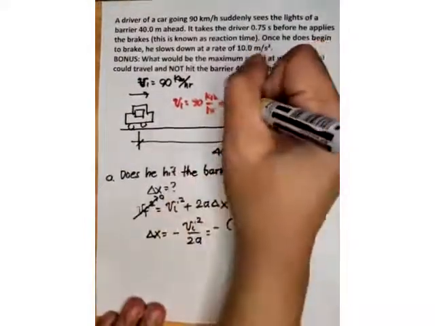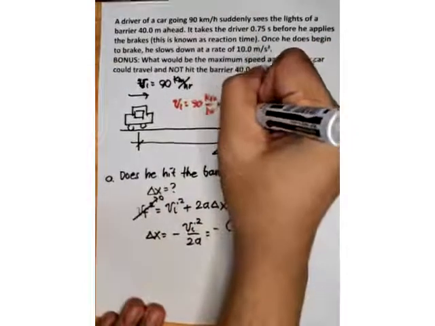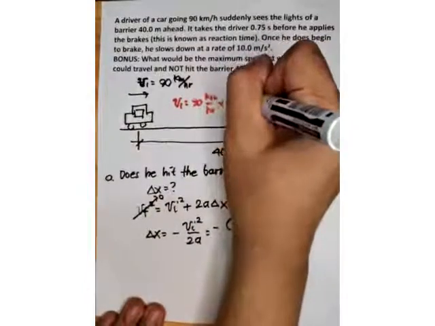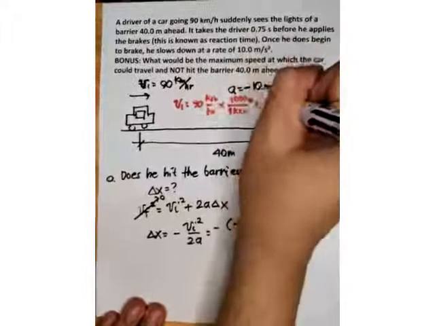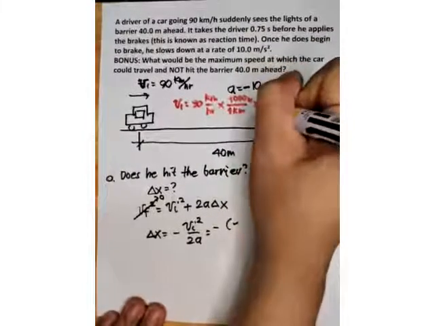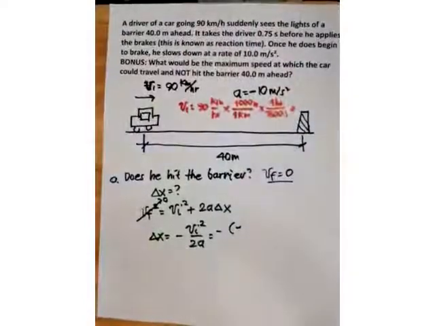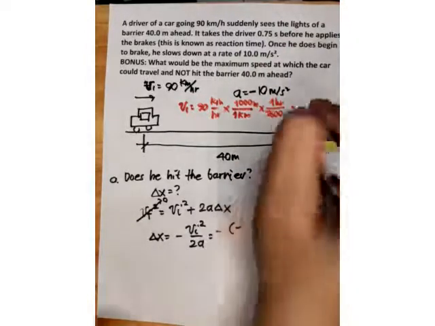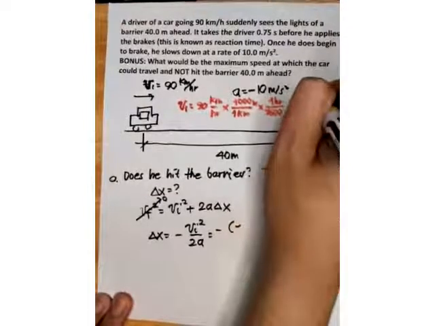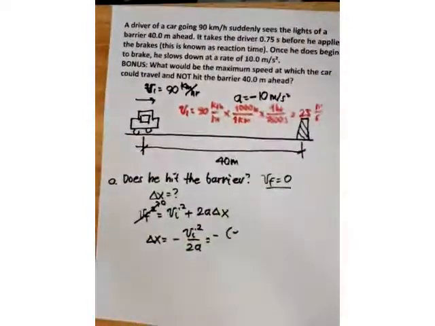So for every 1 kilometer, may 1,000 meters. And for every hour, merong 3,600 seconds. So the answer is 90 times 1,000 divided by 3,600. It's 25. So 25 meters per second. Ayan. So yun yung gagamitin natin.